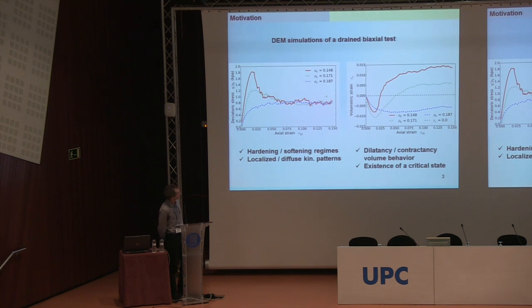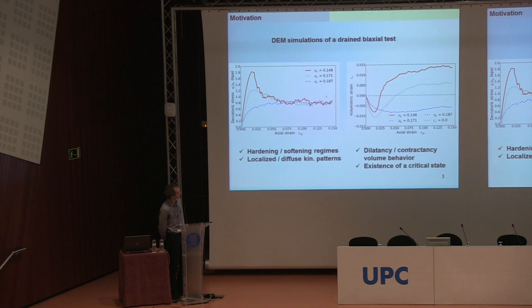The problem I would like to investigate is the following one. I would like to understand why in some cases we can have this kind of peak and softening. What is the origin of the mechanical strength in the specimen, and why this strength is limited, is bounded?